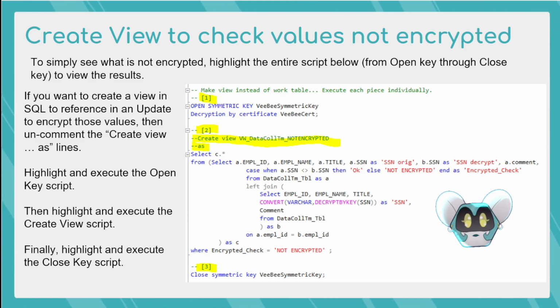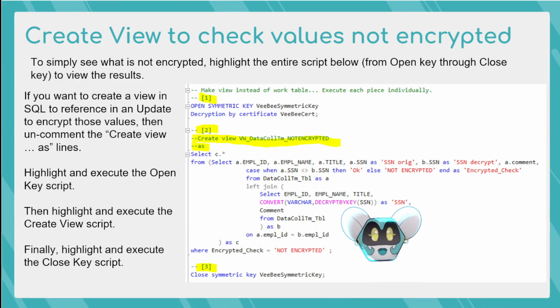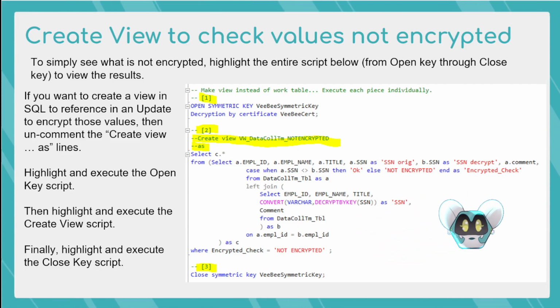So, a quick explanation of this select here and how it works. I have my base table. In this case, I have a data collections team table where I have some employees, some surveyors. And so I have that raw table doing a join on that same table again, but we are decrypting the social security number.